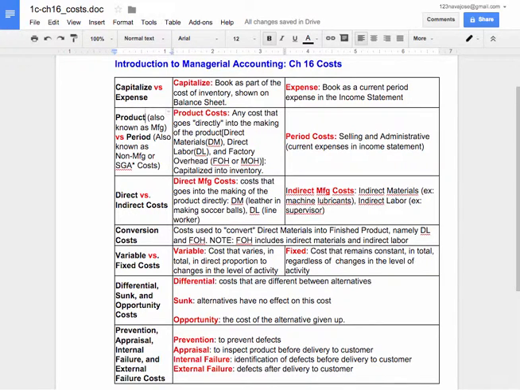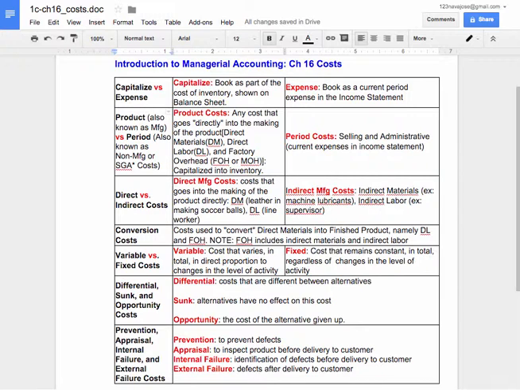Next is conversion. Conversion costs is anything that you used to convert direct materials into finished product. So obviously you introduce materials into the manufacturing plant, and then you use labor and manufacturing overhead or factory overhead. Either way is the same thing. FOH, MOH, same thing, or OH, same thing.